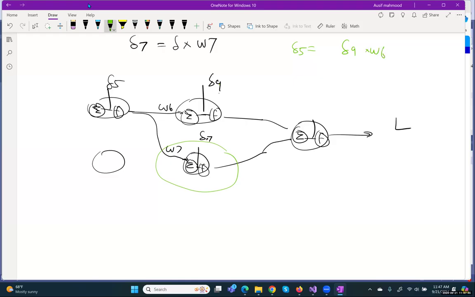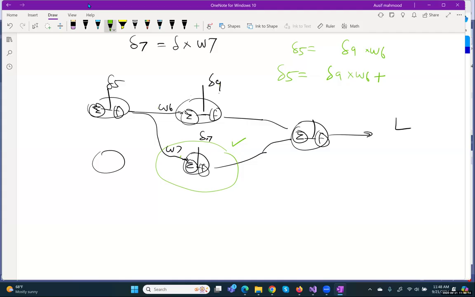But now there's another contribution coming from this bottom neuron. So now let's put it back there. If it is there, then as you can see, the value of delta 5 will be, W6 is the one which is connecting these two neurons. So it will be delta 9 times W6 plus.